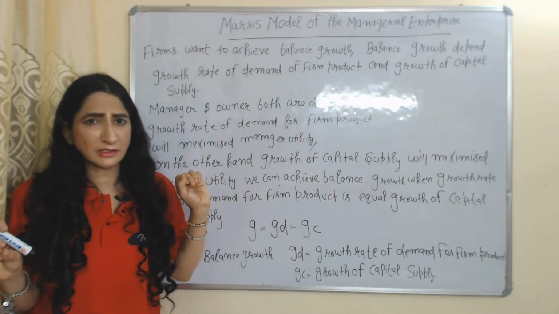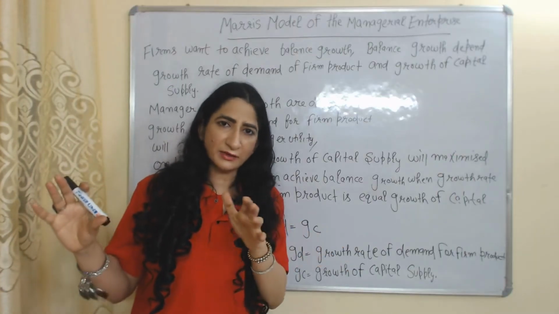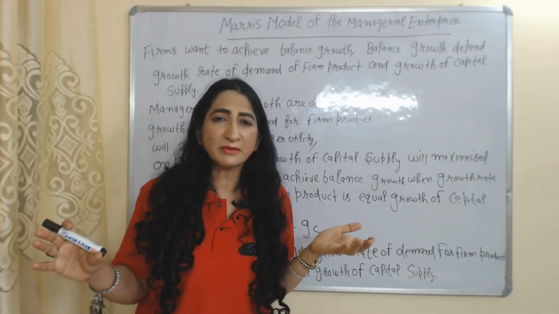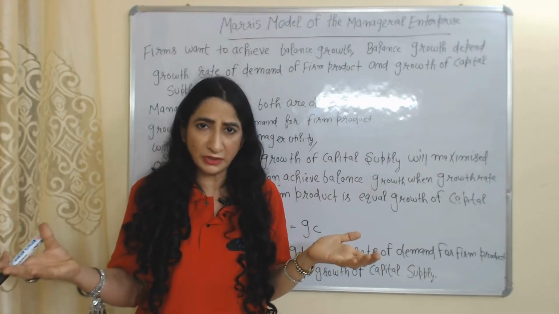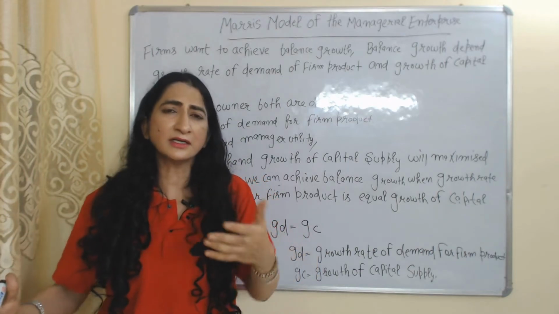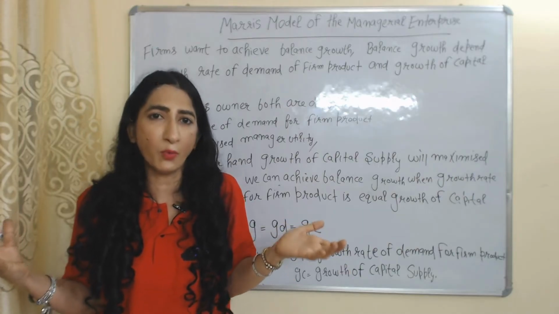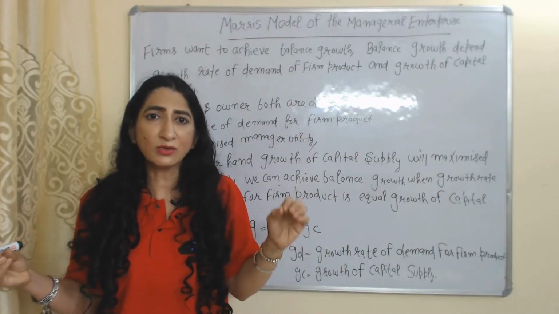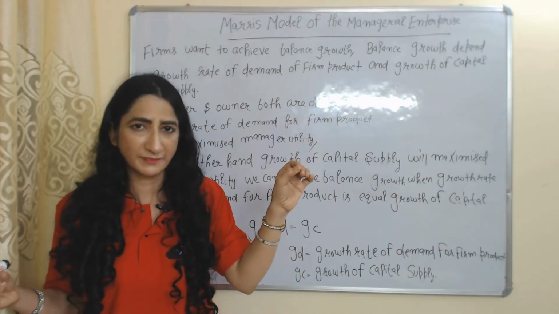As we know, manager and owner are both different, and the growth rate of demand for the firm's product will maximize the manager's utility. Obviously, if demand for your product is continuously growing, that means your manager is performing very well. On the other hand, the growth rate of capital supply will maximize the owner's utility.